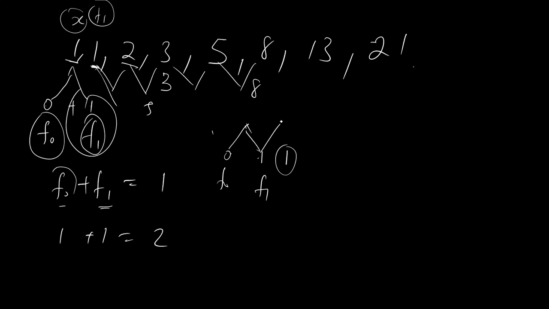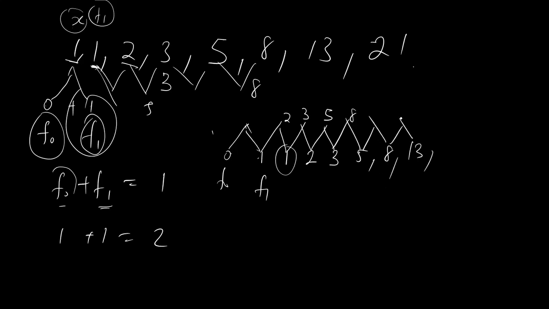Then if you add this and this, you have 2. If you add this and this, you have 3. If you add this and this, which is 5, then you get this. Then 8, then 13, then 21. So that's the way it goes.